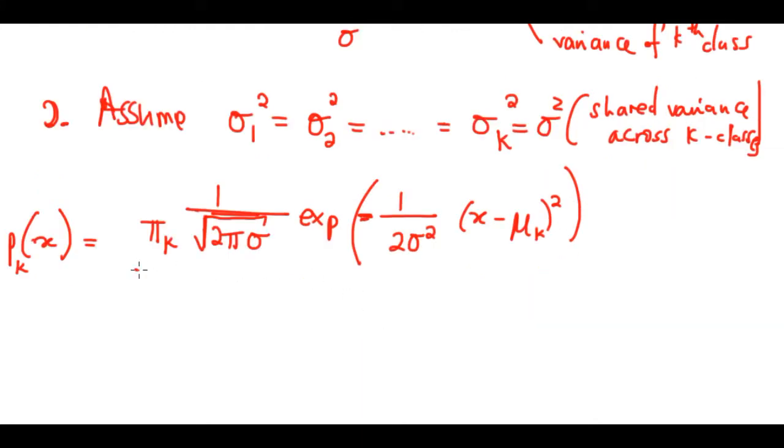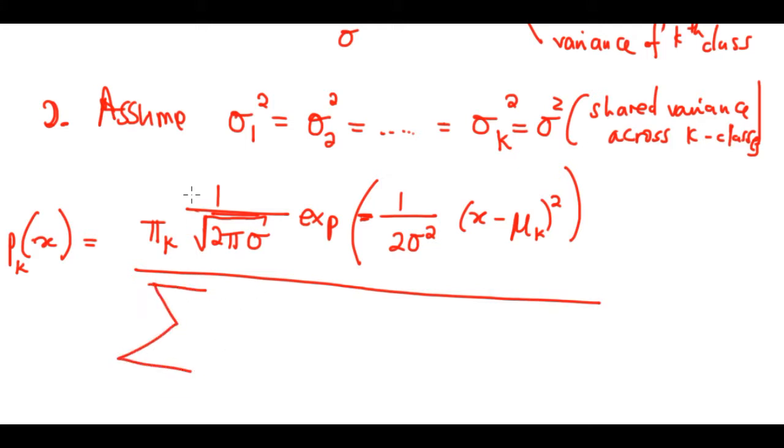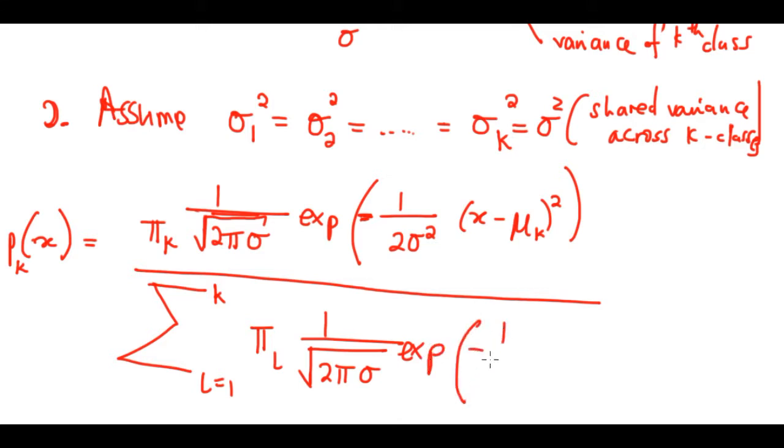Cool. All divided by our summation, where l equals 1 to K, of pi_l times the same thing: 1 over square root of 2 pi times the shared standard deviation, exponent of minus 1 over 2 sigma squared times x minus mu_l squared.